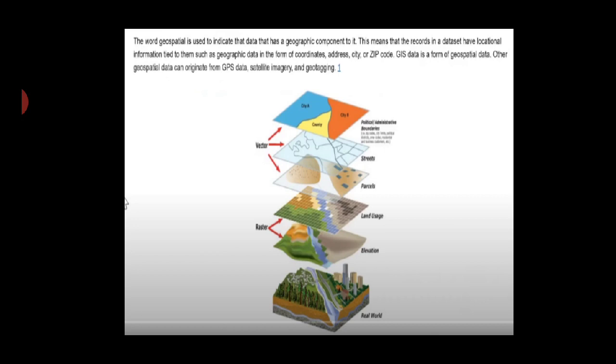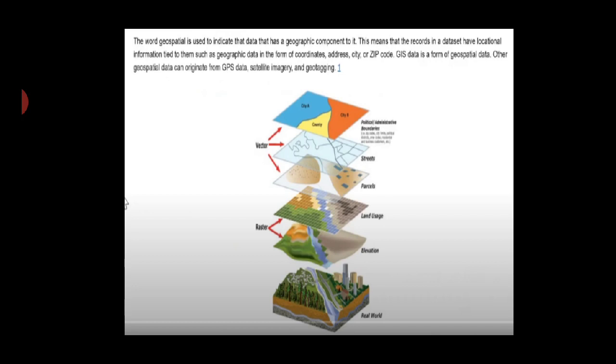The word geospatial is used to indicate that the data has a geographic component to it. This means that they are recorded in a database with locational information tied to them, such as geographic data in the form of coordinates, address, city, or a zip code. GIS data is a form of geospatial data.